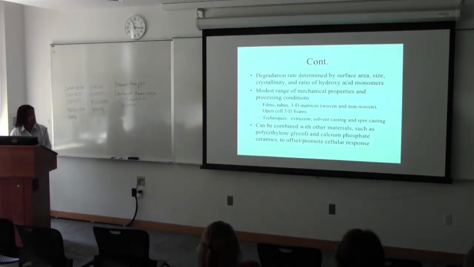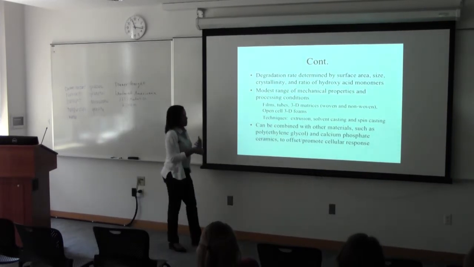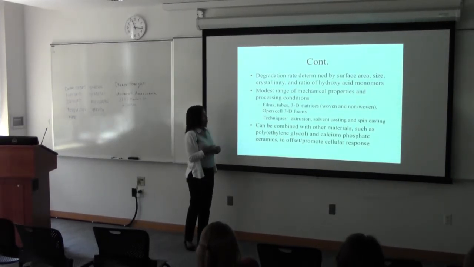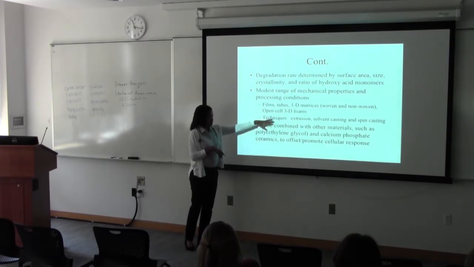And so that's useful. We can have different chemistries that we know, depending on our application, if we want different ranges of degradation. You may want a very stable material that will last a long time in culture, or if it's for application in vivo, we may want something that degrades quickly. But again, we can process these materials easily. All the conventional techniques for polymer processing can be used: heat treatment, extrusion, organic solvents, spin casting.